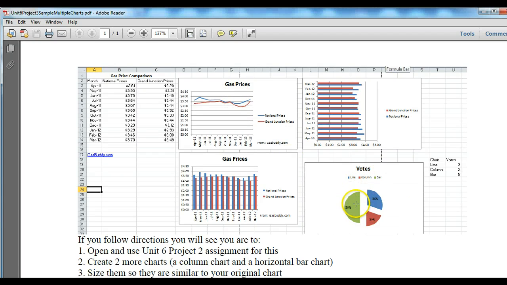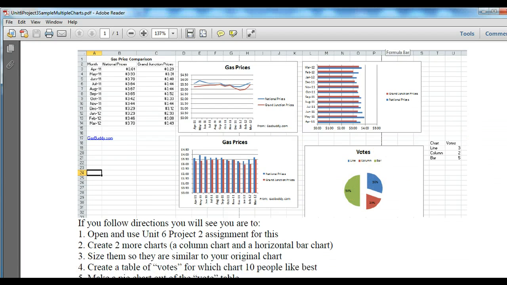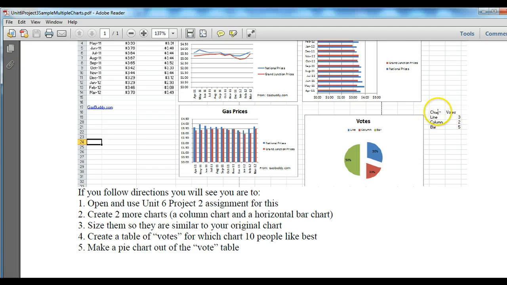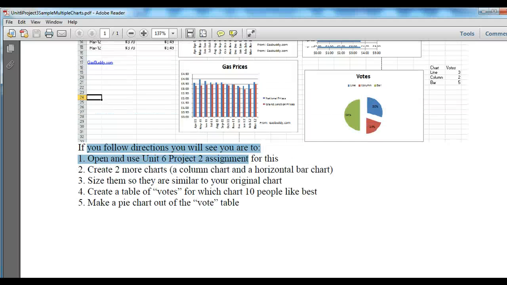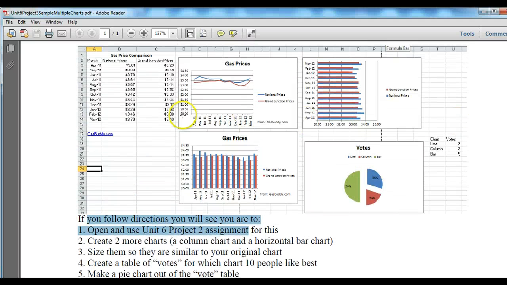And then here's how you're going to do the votes. I've created the data over here on the right, and then I made that into this chart. And here are the directions. If you follow the directions, you will see what you're supposed to do with this. So this is what yours should look like, similar to this.